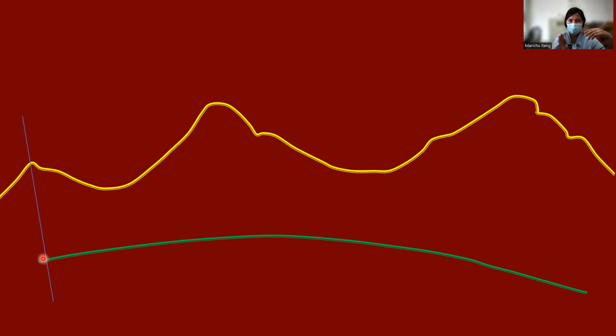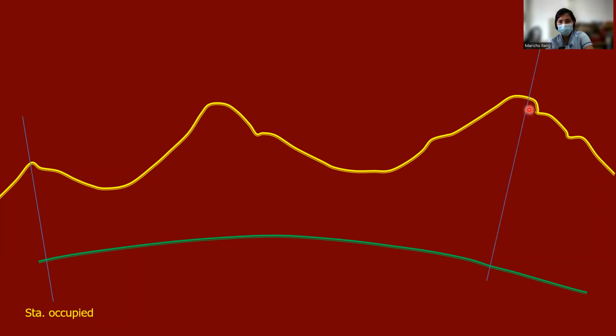So the vertical line along that one is perpendicular to the gravity, perpendicular to our point. This is the gravity line or our plumb line. So when there is another point, our point also has its own plumb line.